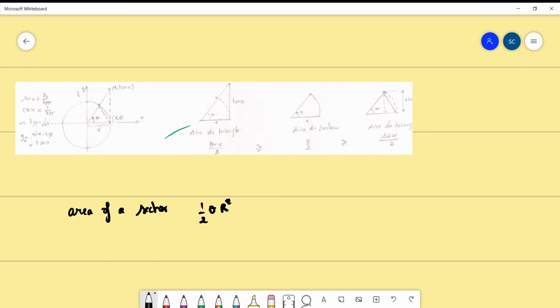We express tangent x as sine x over cosine x, and compare, using this inequality, discussing the case x positive and x negative, less than pi over 2 and greater than minus pi over 2, and we deduce the inequality.